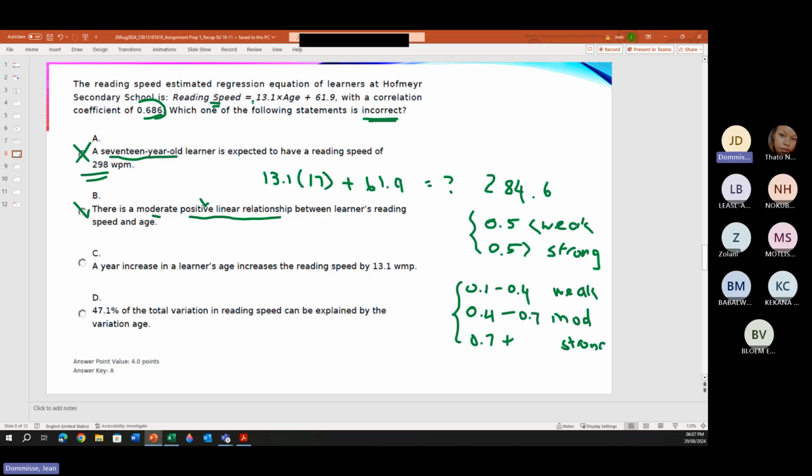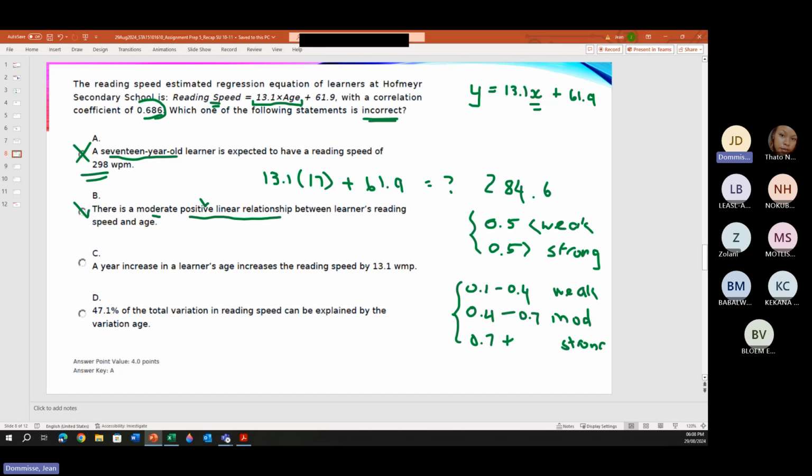Here we can see in the formula, if we rewrite that as an algebraic formula without the words, it would be y equal to 13.1x plus 61.9. So we know with each increase in year, there will be a 13.1 increase in reading speed.